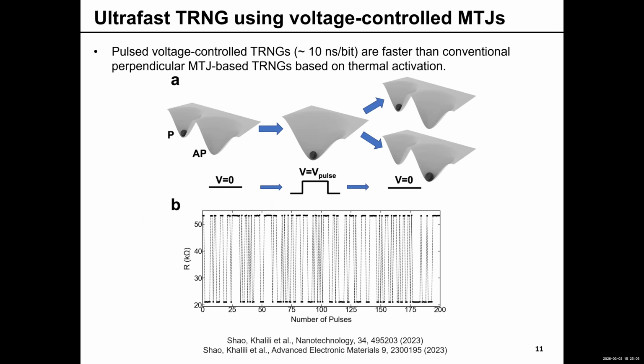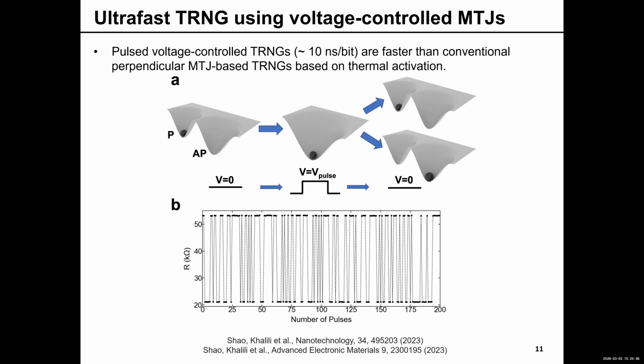With a voltage, here we reduce this energy barrier so that in the presence of voltage, you only have one energy minimum, which is sitting in between the two stable magnetization configurations in the absence of voltage. Once you remove the voltage, you basically have a situation where the magnetization can fall into one energy minimum or the other minimum with equal probability. And so this will be a 50-50 random bit generator.